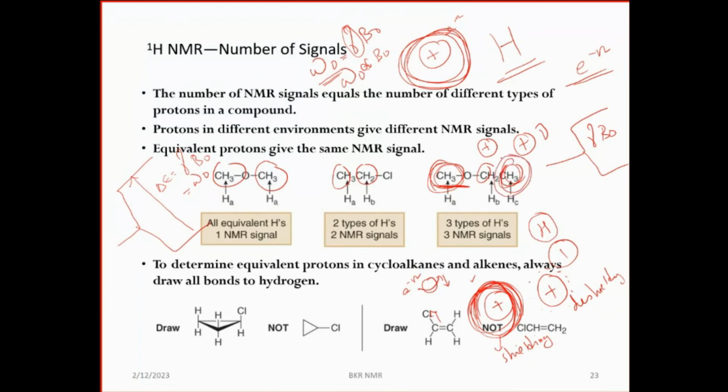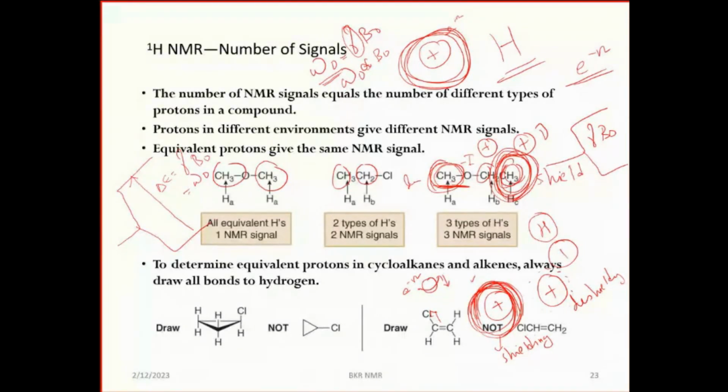Because it is directly attached to an electron withdrawing minus I group, it is de-shielded. This is comparatively shielded. So now I can differentiate the hydrogens depending upon their environment.